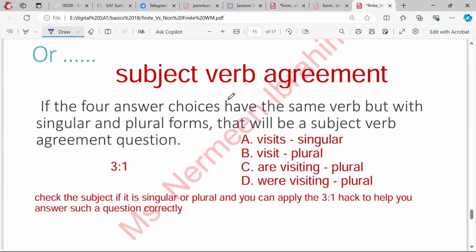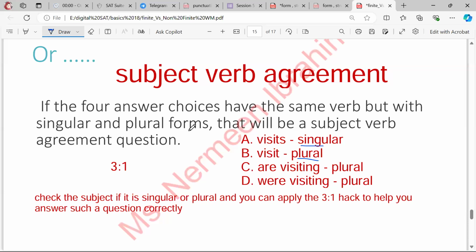Such questions also can be subject-verb agreement. When you find the same verb, but this time it's going to have singular or plural, not finite or non-finite, not having different tenses only, but it has to do with singular and plural. When you find singular and plural, that's subject-verb agreement.